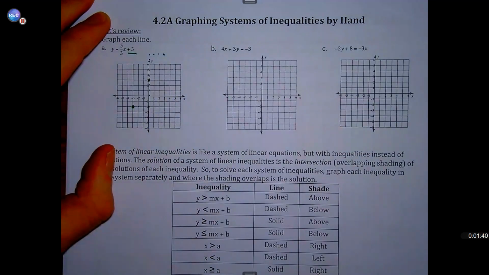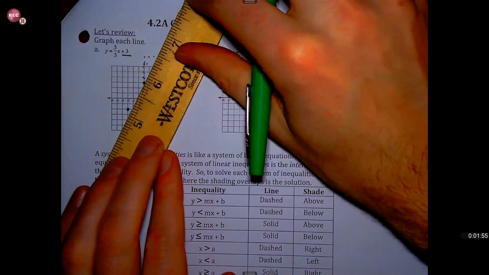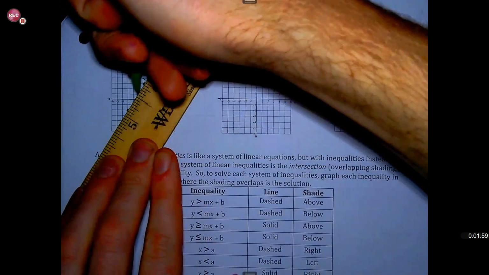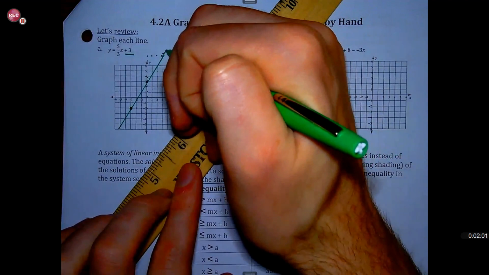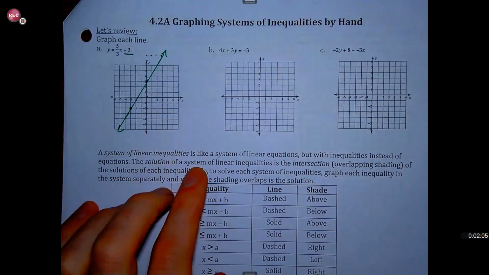Two negatives make a positive. And now we have our first two dots. Let's draw a line for it. See that our dots line up pretty well with each other, so we're good to go.